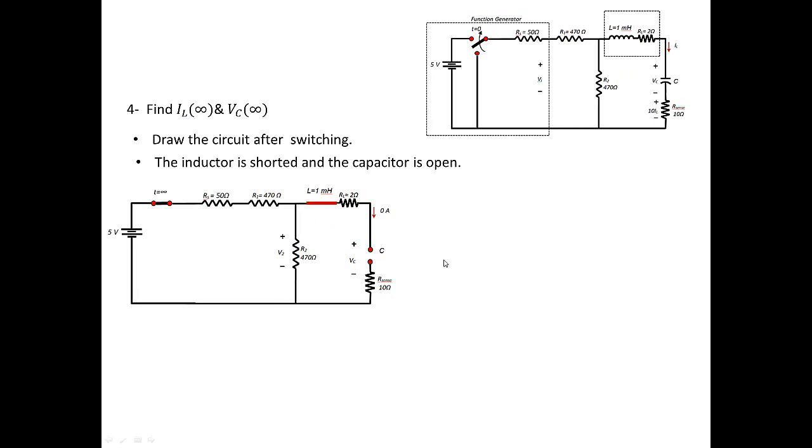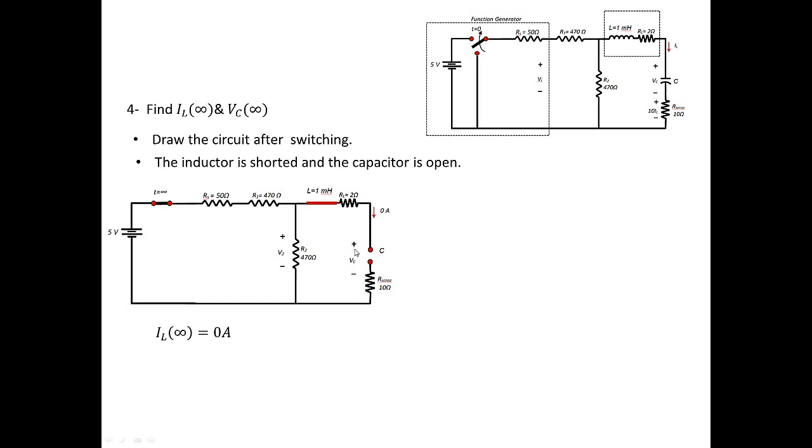Now, when you look at it, at t equals infinity, the inductor current is going to be 0 because the capacitor is open circuit. So this is your IL, and your IL is going to be 0. It's clear to see that. So we can state that IL at infinity will equal 0 amp.